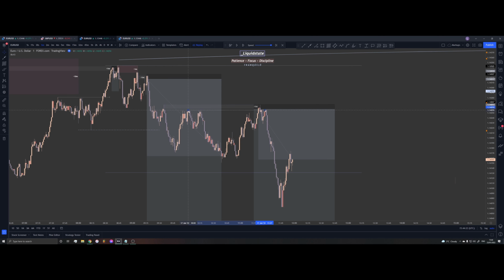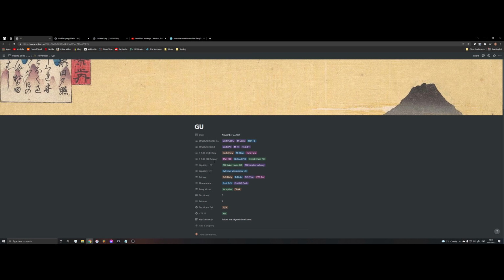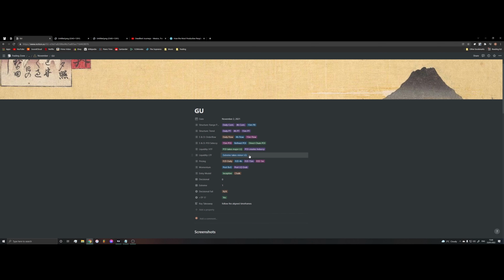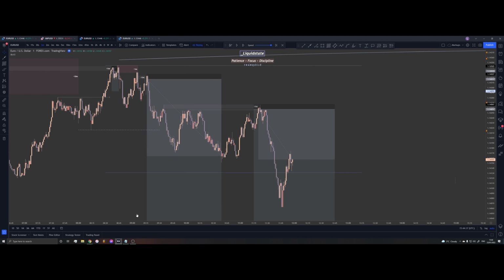This is where you could map it. Obviously this leg that you're entering on is a peripheral extreme, because this is the full-on extreme of this whole down move, but this is the extreme of this internal leg.